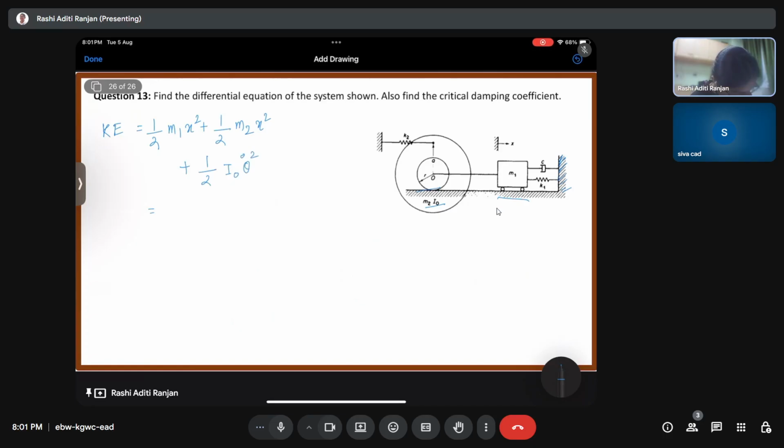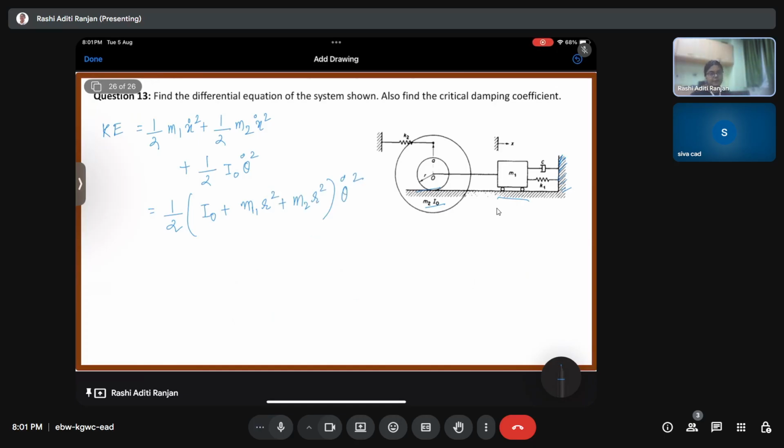So I'll have half I naught plus m1. x is equal to r theta, right? Here should be dot. So x dot is equal to r theta dot, correct? So what do we get? We can write x dot square as r square theta dot square. M1 r square plus m2 r square into theta dot square.